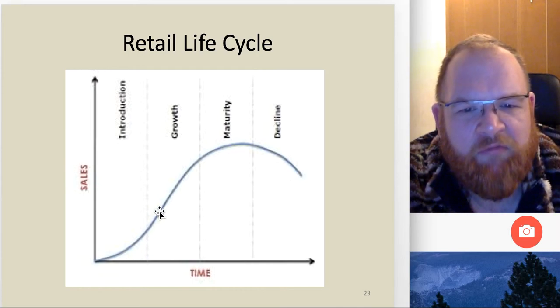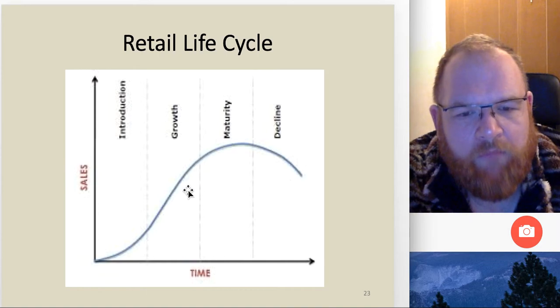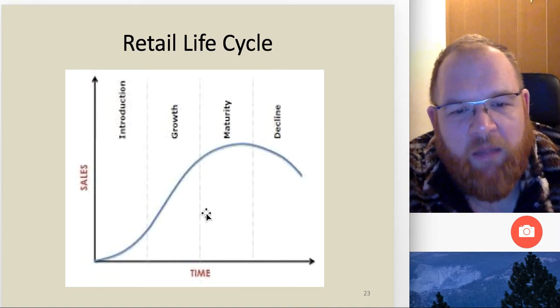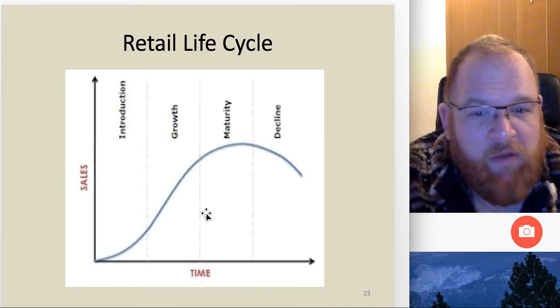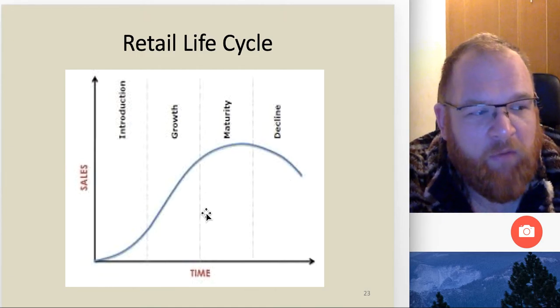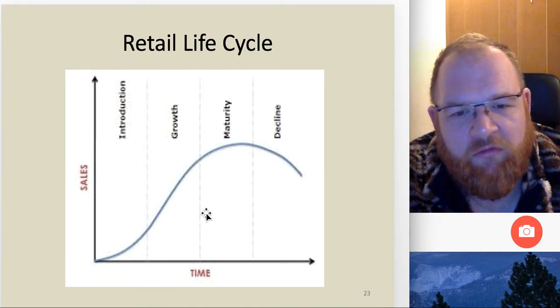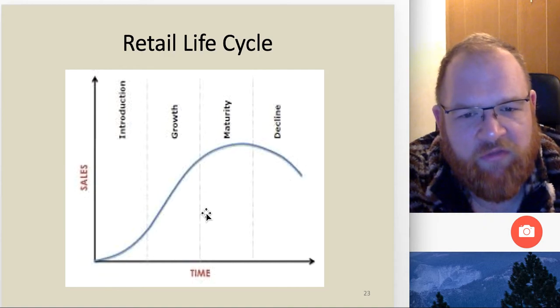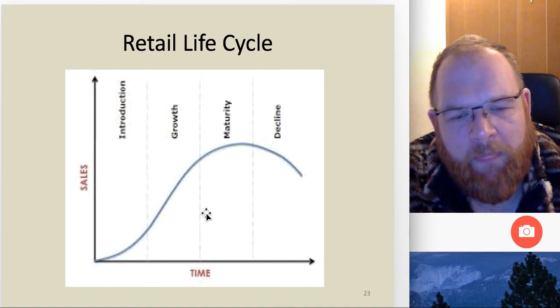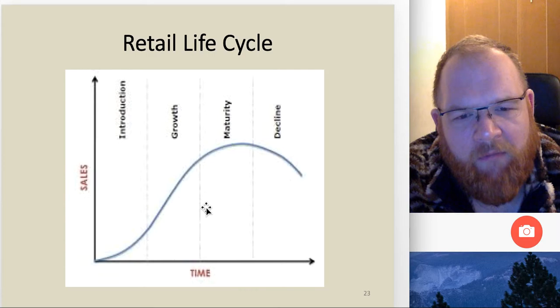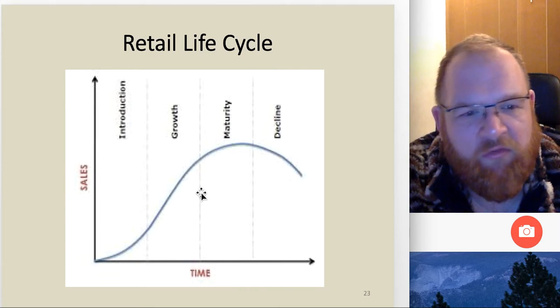Then there's a period of growth, and this can be quite rapid, and hopefully would be quite rapid. This is where people say, yes, I'm willing to use your retail store, and you get this critical mass of people, or hopefully get this critical mass of people coming.